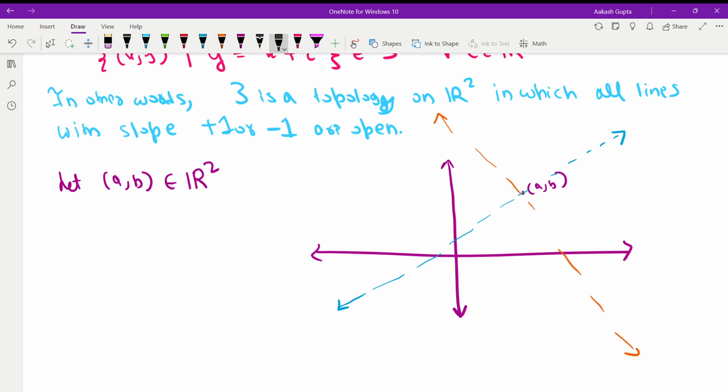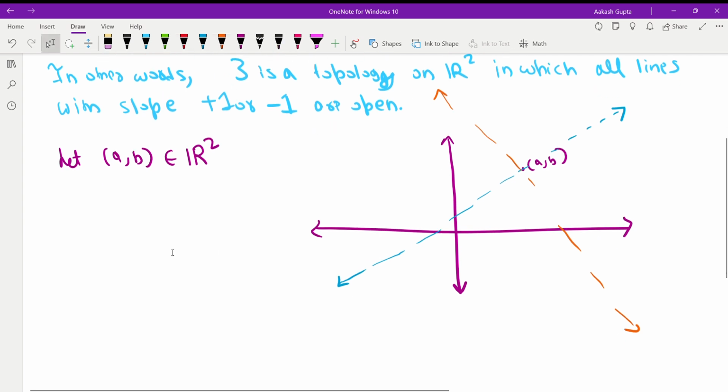Let us have L1. Suppose you have an equation y equals x plus c, and let us say (A, B) satisfies this equation.